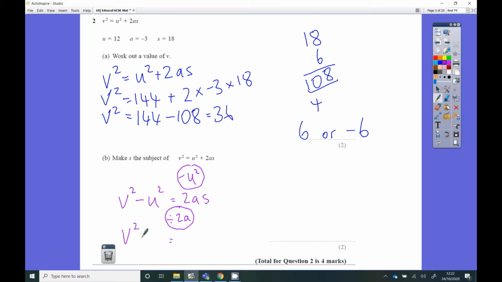So we have v squared minus u squared all over the 2a equaling s. So just for your final answer, write that the other way around, put the s on the left. So s equals v squared minus u squared all over 2a. And that's your final answer.